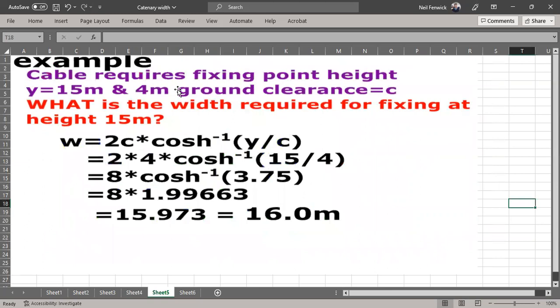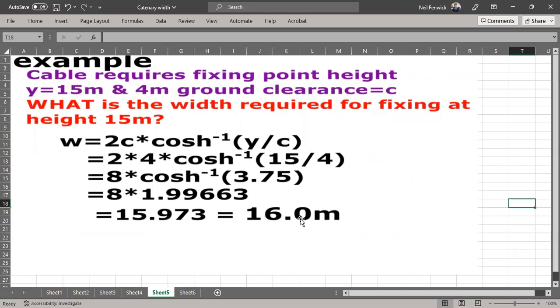If we do an example where the fixing height is 50 meters and the ground clearance is 4 meters, how do we work out the fixing width? If we plug our values into the new rearranged equation and jump through the algebra here, we end up with 15.973 meters.